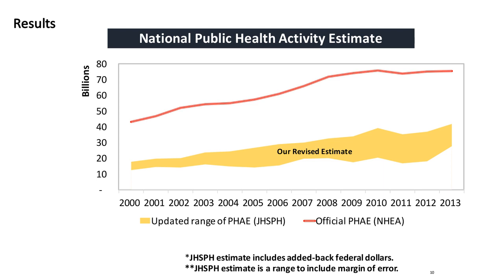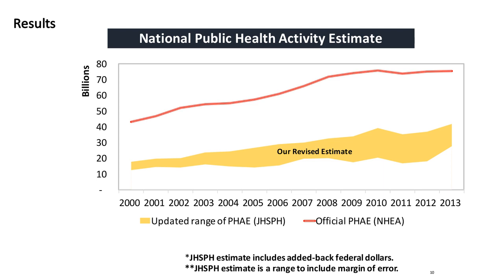So back to the original graph I showed you, what are we really spending on public health? Again, these are the national estimates of all spending, and just so you know, we added back in federal and local dollars so that this red line on the top is the national estimate of all public health activity.